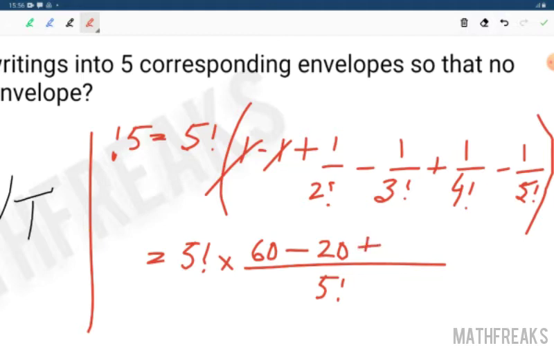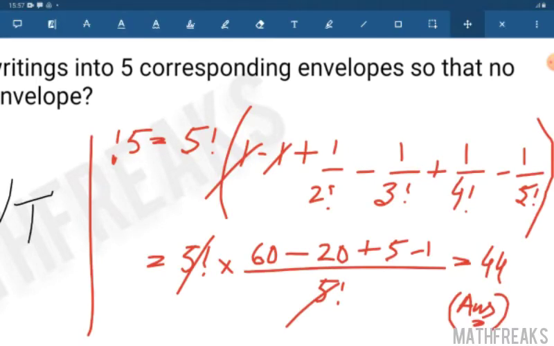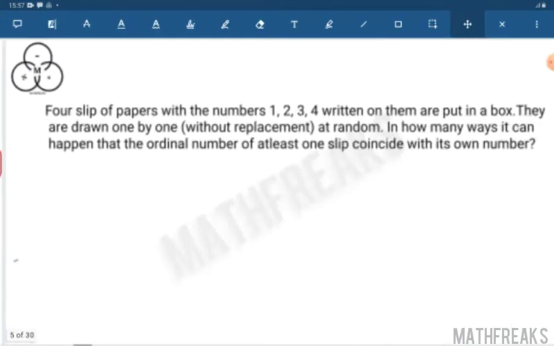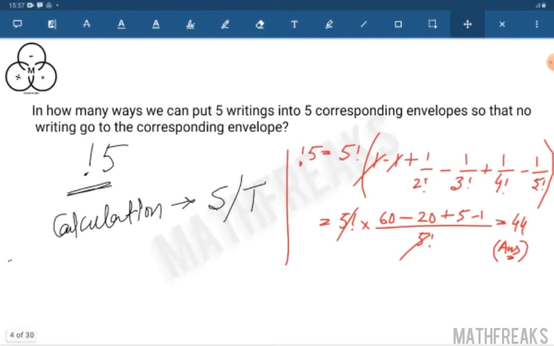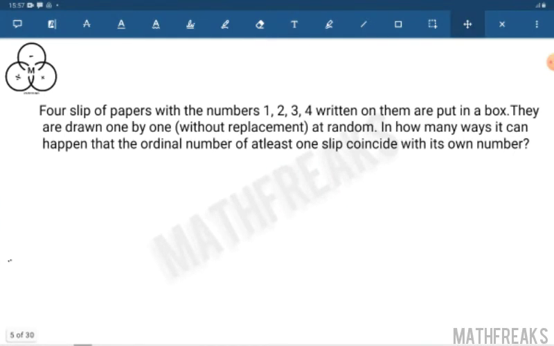Plus 4 factorial into 5 equals 5 factorial, minus 1. So this will be our result: 60 minus 20, 40 plus 4, 44. I hope that my answer is also correct and your answer is also correct. Now let's move forward with more examples.